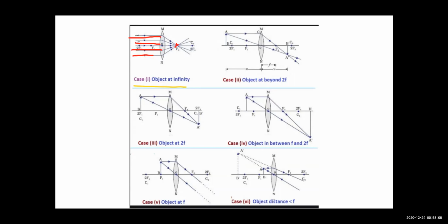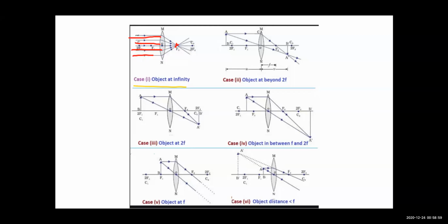The image is formed at F2, and we know, children, that the image formed at F2 is point size. It is highly diminished, and the image formed is due to the actual intersection of the rays. The image is real, inverted, and it is formed at F2.